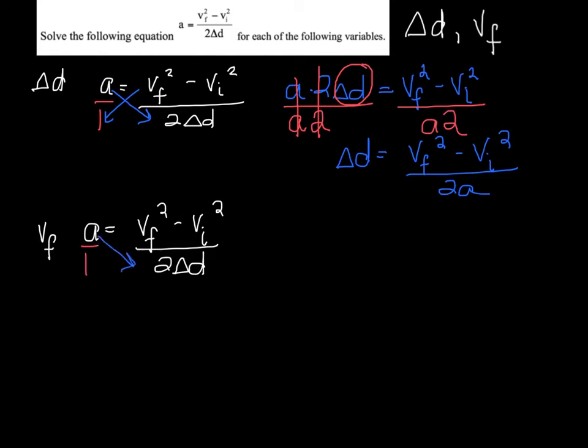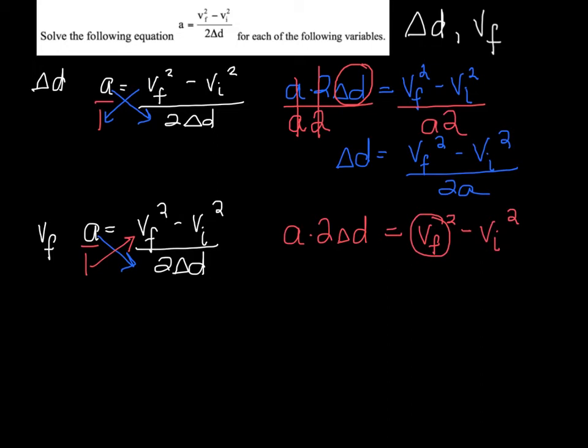So a times 2 delta d equals that cross multiplication, v sub f squared minus v sub i squared. I'm solving for v sub f, this term right here. Let me go ahead and circle it.